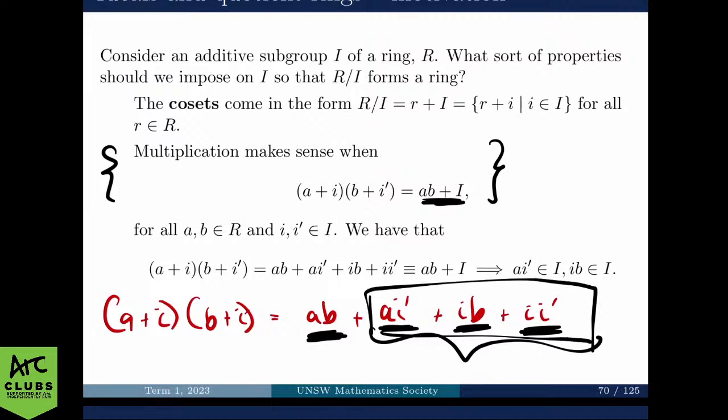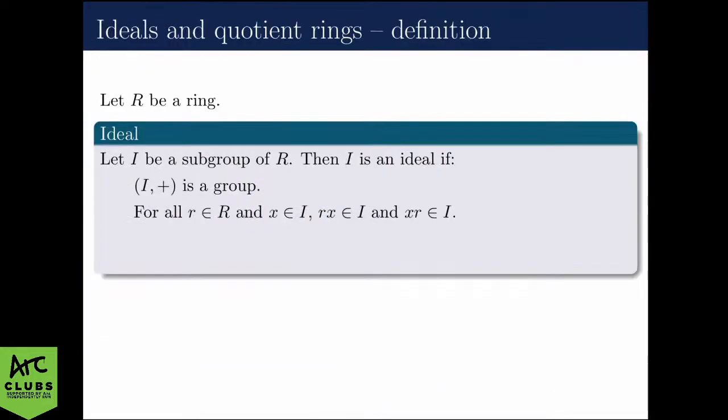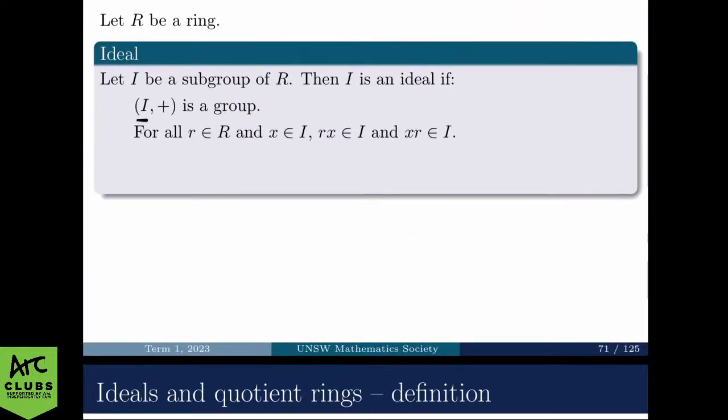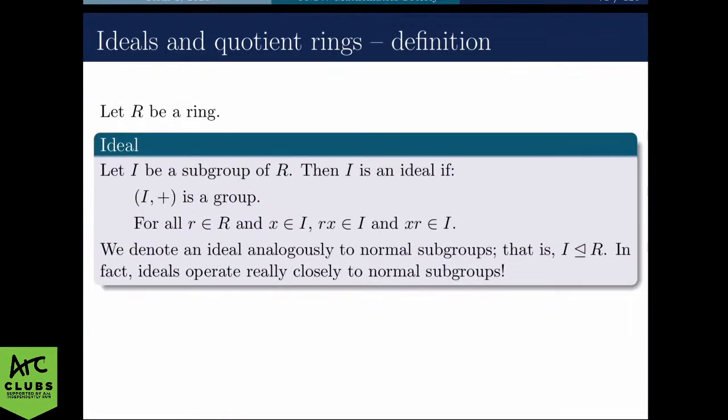An ideal is a subgroup of the abelian group corresponding to a ring, such that, I'll write out the definition, it's a subgroup, and also if you take any element from the ring and any element from the ideal and multiply them together, regardless of the order, you should get an element of the ideal.